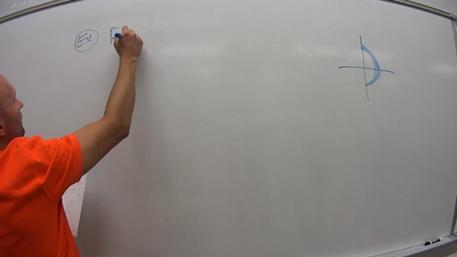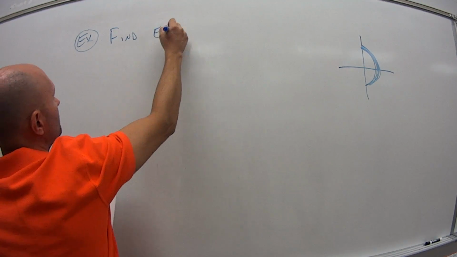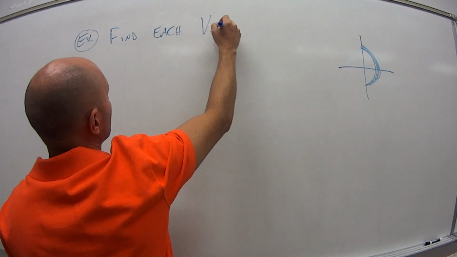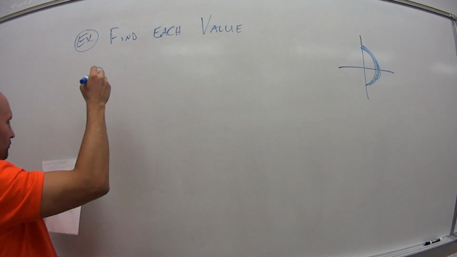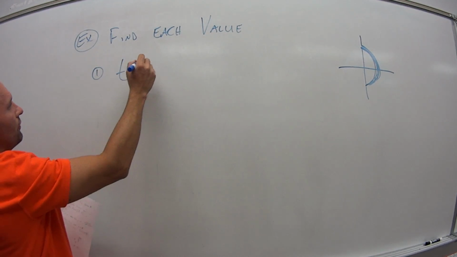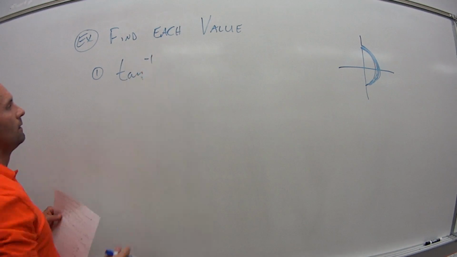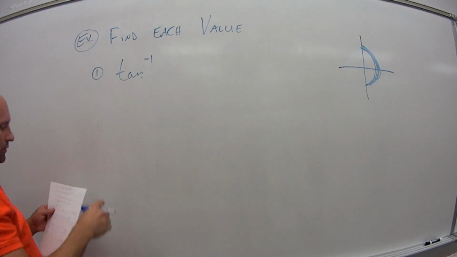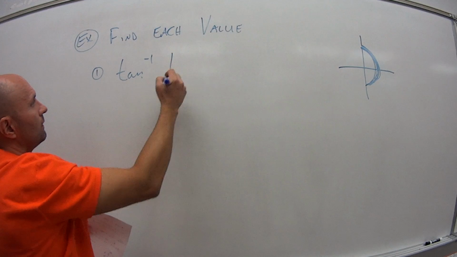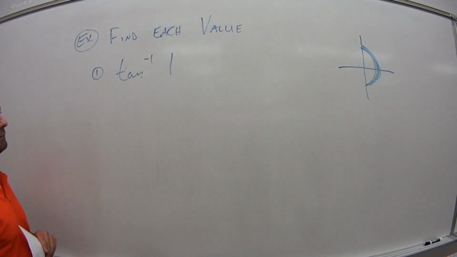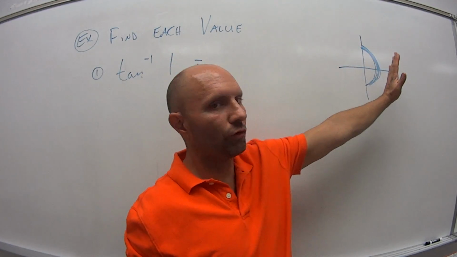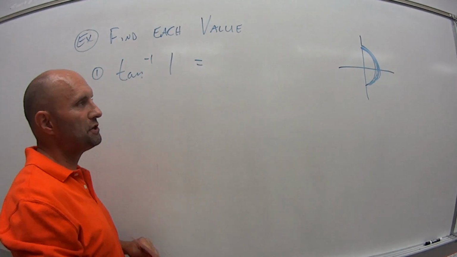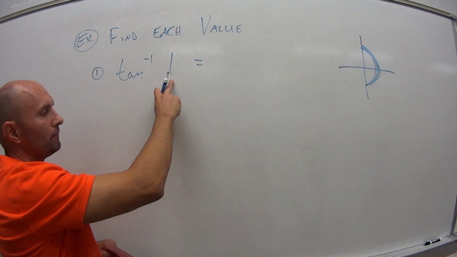So for our example, we want to find each value. In the first one, we want tangent inverse, and it's notated the same, tangent with the little minus 1, of 1. So what this is saying is on the right half of the circle, where is our tangent value equal to 1?